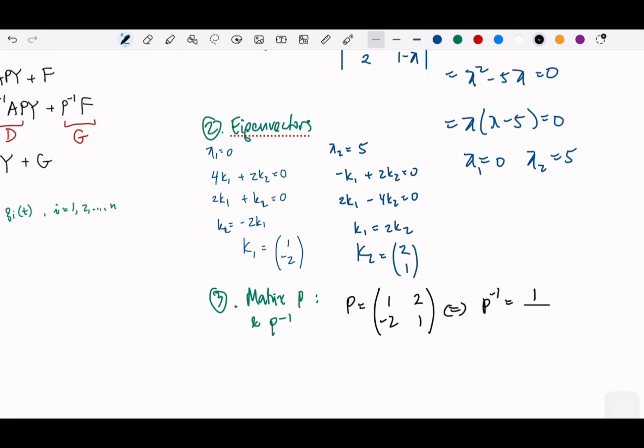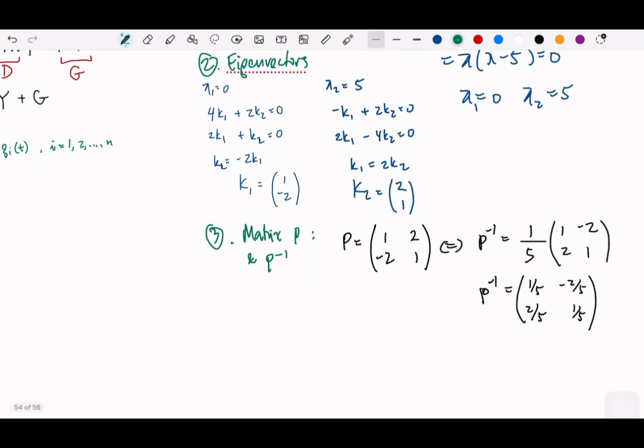So it is plus 1 over 5, and then I will take this 1, 1, still the same. This would be negative 2, 2, right? Or if you want to combine all together, this is supposed to be okay. So that's just the P inverse.